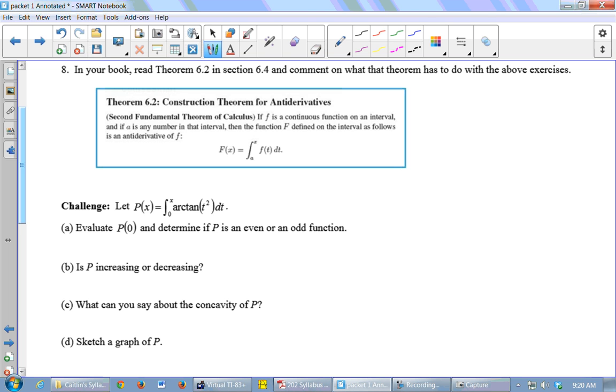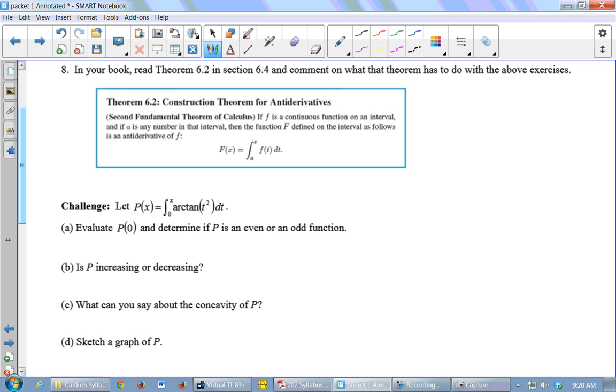A can be any number, then the function capital F is an antiderivative of little f, the integral from a to x of f of t dt. So it's exactly the function that we've been creating so far. Take any constant, we used negative 4 for one, we used 1 for another. Both of them give an antiderivative, just a different antiderivative, just a different plus c.